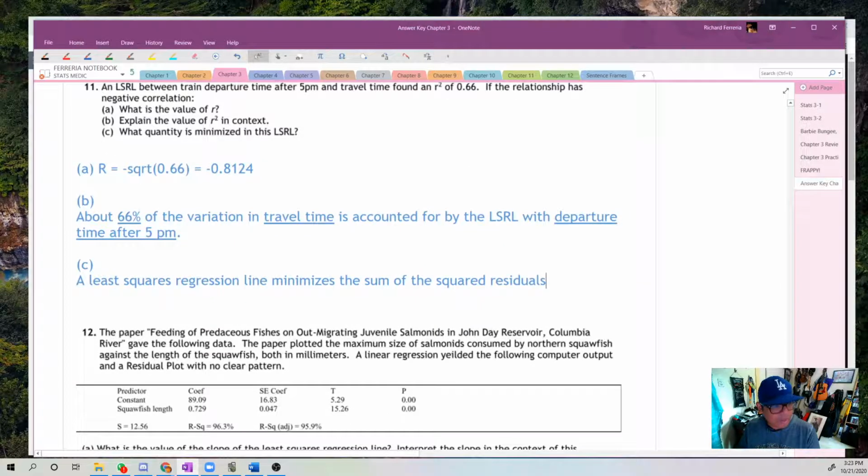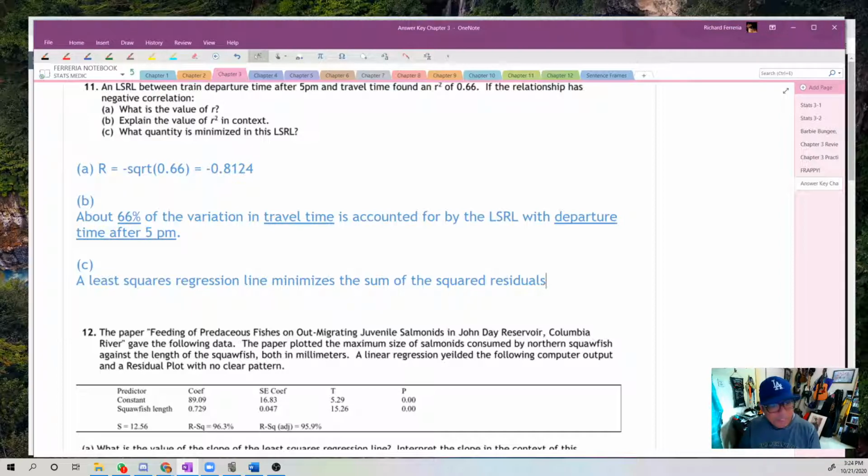We have a paper, The Feeding of Predaceous Fishes on Outmigrating Juvenile Salmonids in the John Day Reservoir, Columbia River. Well, some things you should know is that a juvenile salmonid is, well, that's just a baby salmon. So this paper is going to plot the maximum size of a salmonid consumed by a squawfish. I'm just going to say squawfish instead of northern squawfish.